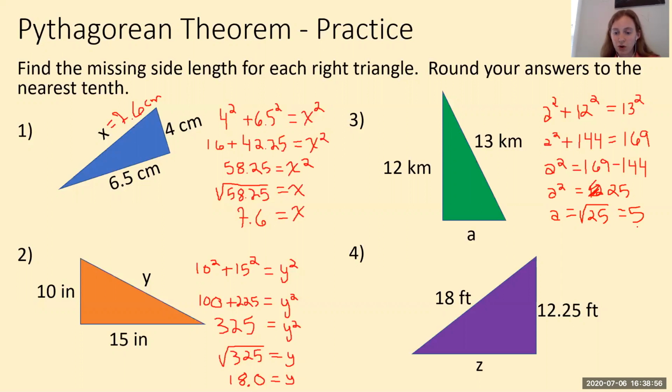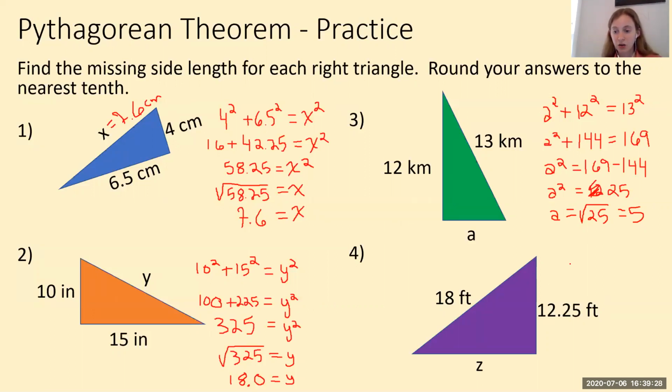So when we look at number 4, we see that it's actually a similar situation to number 3. Number 4, we are told the hypotenuse and one leg, and we're solving for the second leg. That means that instead of adding our squares together, we're going to be subtracting them. So I'm actually going to go ahead and set up my problem to show that subtraction right from the start. It'll just be a little less writing for me.